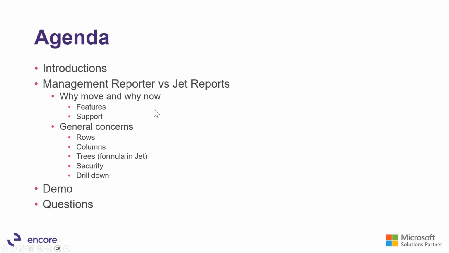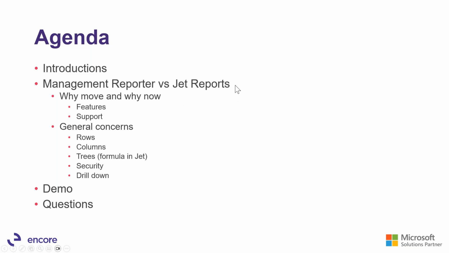It's not a problem. On the other side, Management Reporter has some good features, and there's no doubt about that. One feature is the ability to send files or links to a third party who can then look at it and drill down to a certain degree. There is a little bit better security inside Management Reporter because it's dedicated to Management Reporter, whereas in JET Reports it is Excel security.